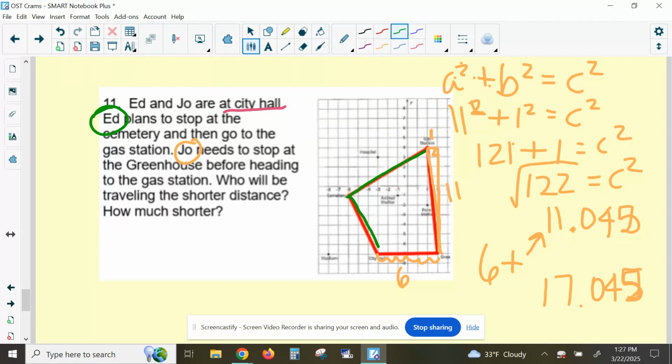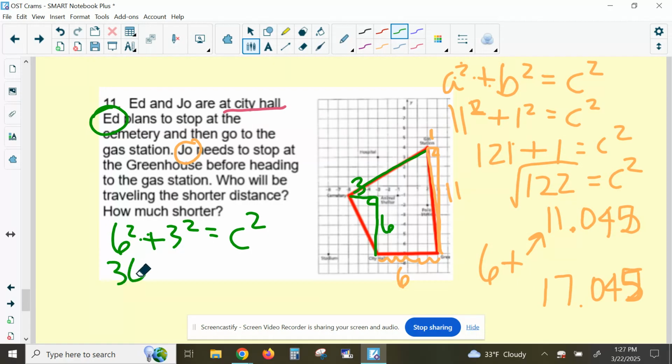Ed is green, so he does not have any little right triangles. I mean, we gotta make some right triangles, so I'm gonna go across and like that. So counting the little things up, this is a 6 and a 3. So I gotta do Pythagorean theorem. 6 squared plus 3 squared equals c squared.